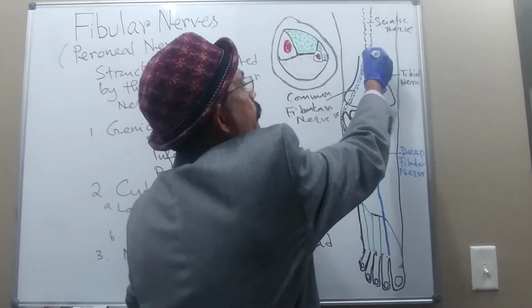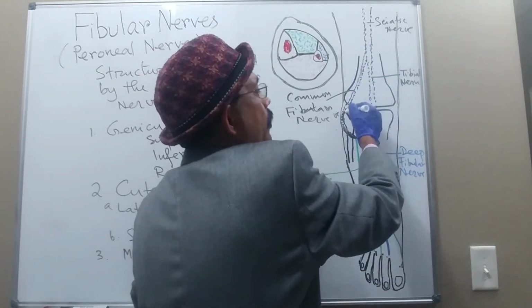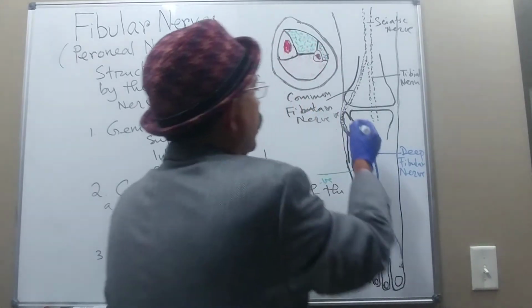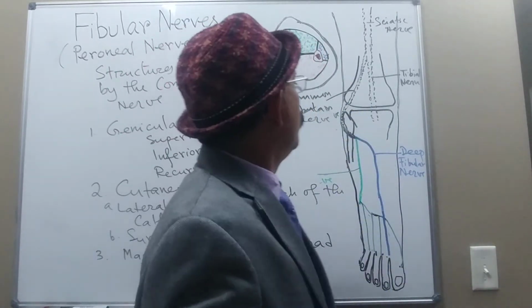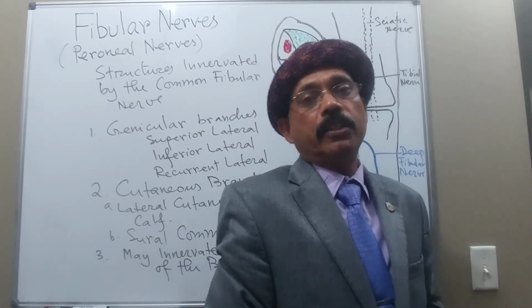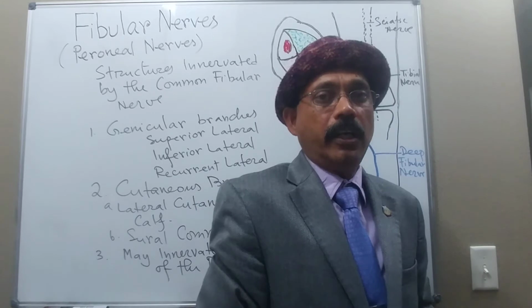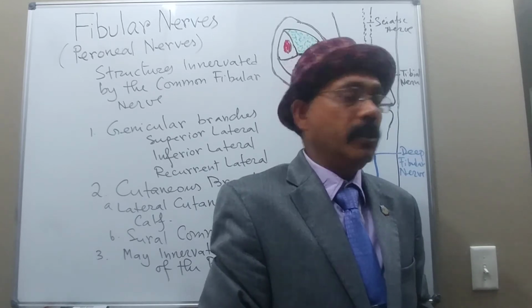Biceps femoris inserts to the head of the fibula. At the head of the fibula, the common fibular nerve is related to the tendon of the biceps femoris and the lateral head of the gastrocnemius.